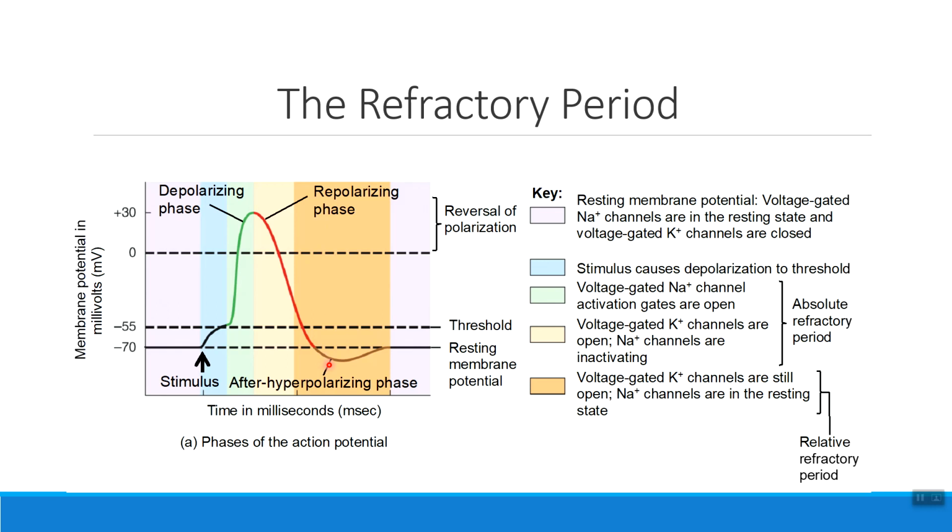It's dropping down. As I'm going down and down and down, if I want to hear another message, I still have to get up to threshold. Threshold is always where I have to get to if I'm going to talk to my neighbor. Well, when I'm actively pumping out potassium, I can't get to threshold very easily.